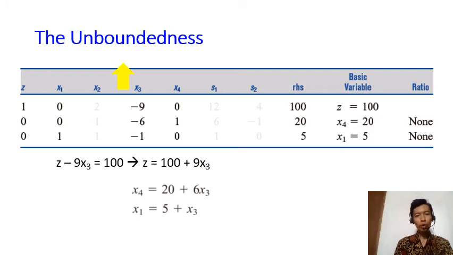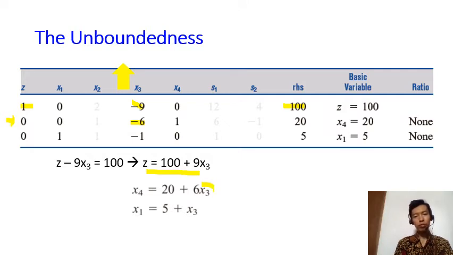Let's write down the equations based on this table. In row 0, you have z minus 9x3 equals 100, right? And then I just move x3 to the other side, so we have z equals 100 plus 9x3. In the next row, we can write this as minus 6x3 plus x4 equals 20.